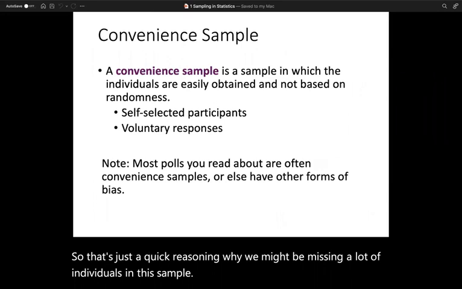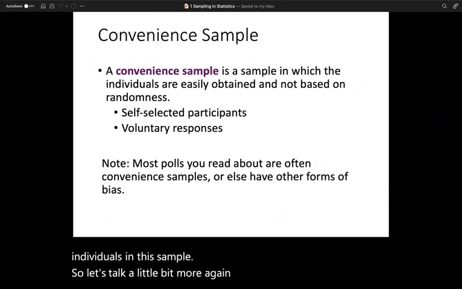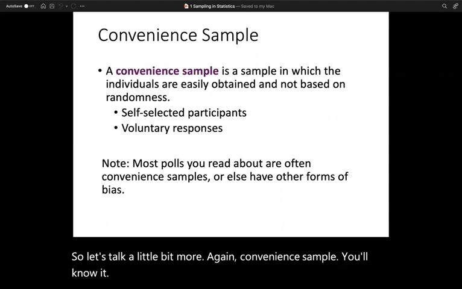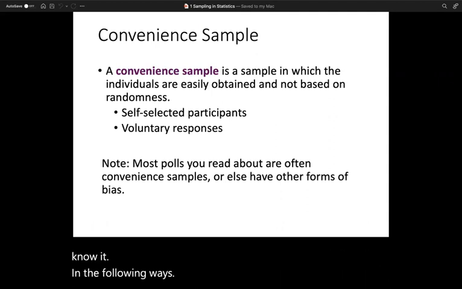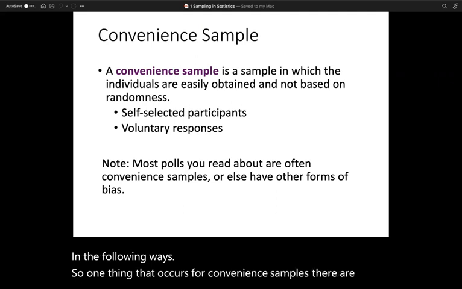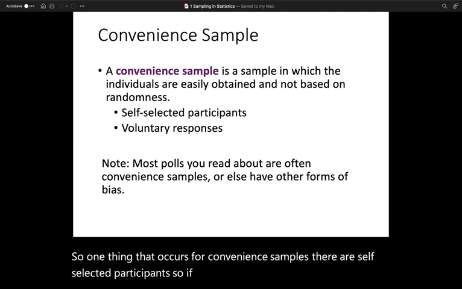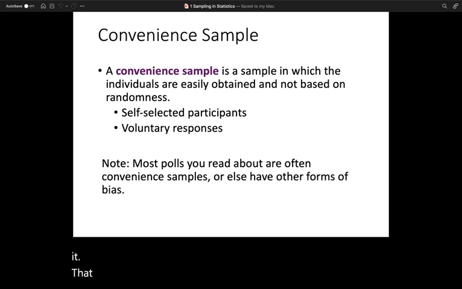So let's talk a little bit more. Again, convenience sample, you'll know it in the following ways. So one thing that occurs for convenience samples, they're self-selected participants. So if the individuals are willing to engage in it, that willingness will alter the results.